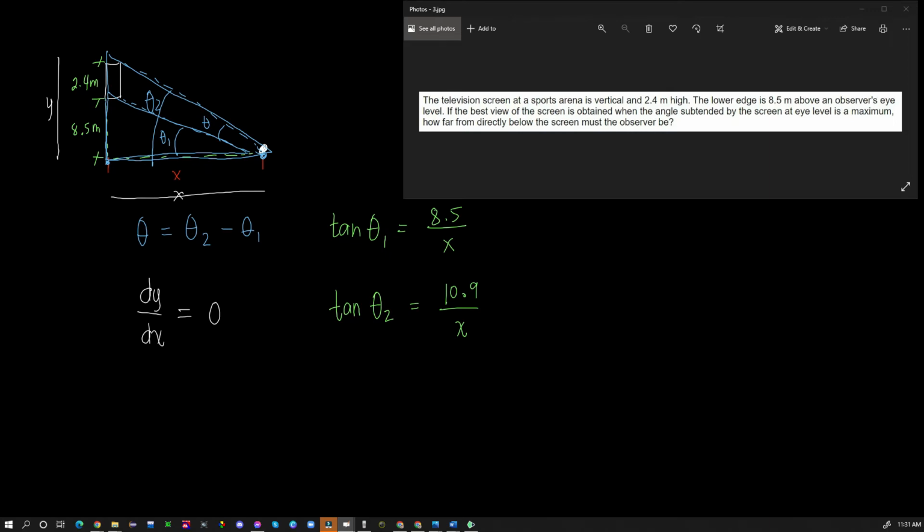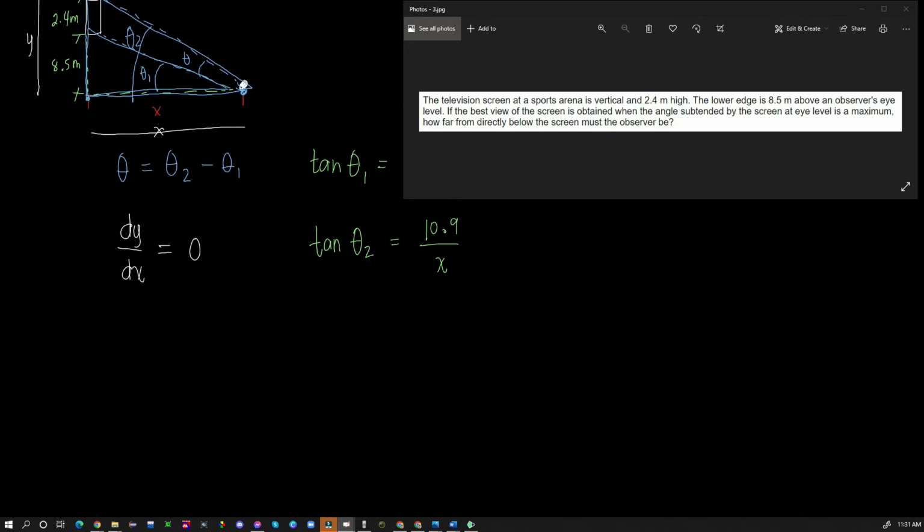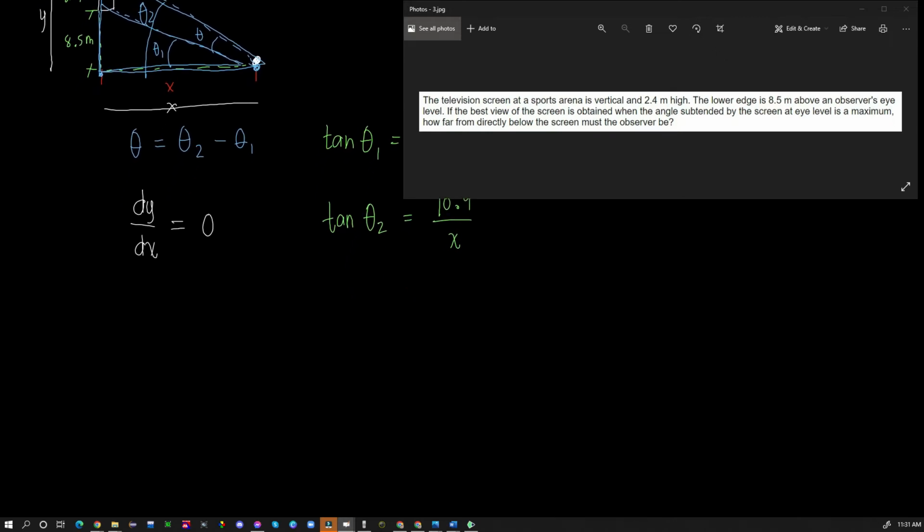Yes, sir. Okay. So next, unsay buhaton na to? Next thing to do is, kung ang theta 1 o theta 2. Okay, so we have, from theta 1, we have theta 1 is equals to the arctangent of 8.5 over x.